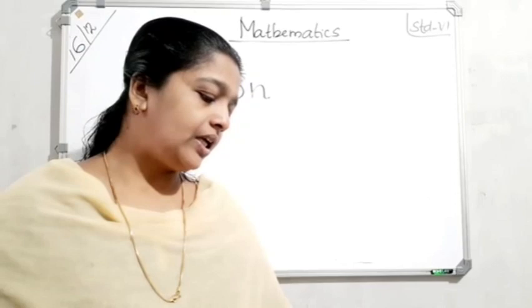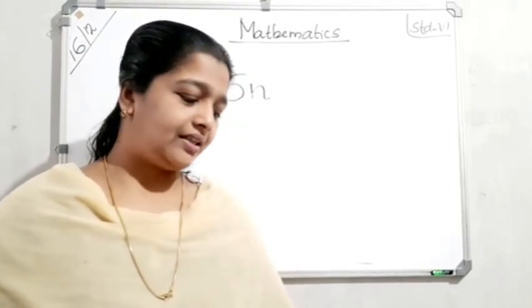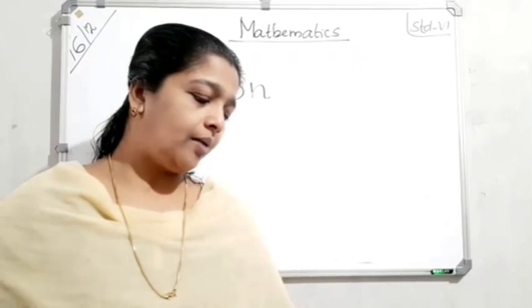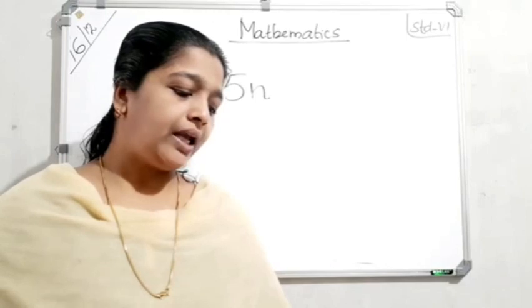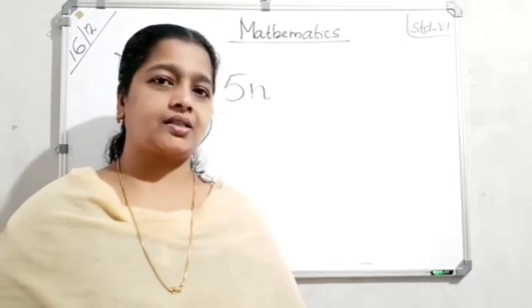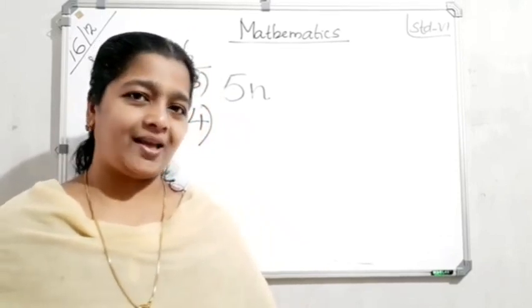If there are 50 mangoes in a box, how many mangoes in a box? 50. How will you write the total number of mangoes in terms of the number of boxes? Use B for the number of boxes. Once more, how many mangoes are there? 50 mangoes in a box.